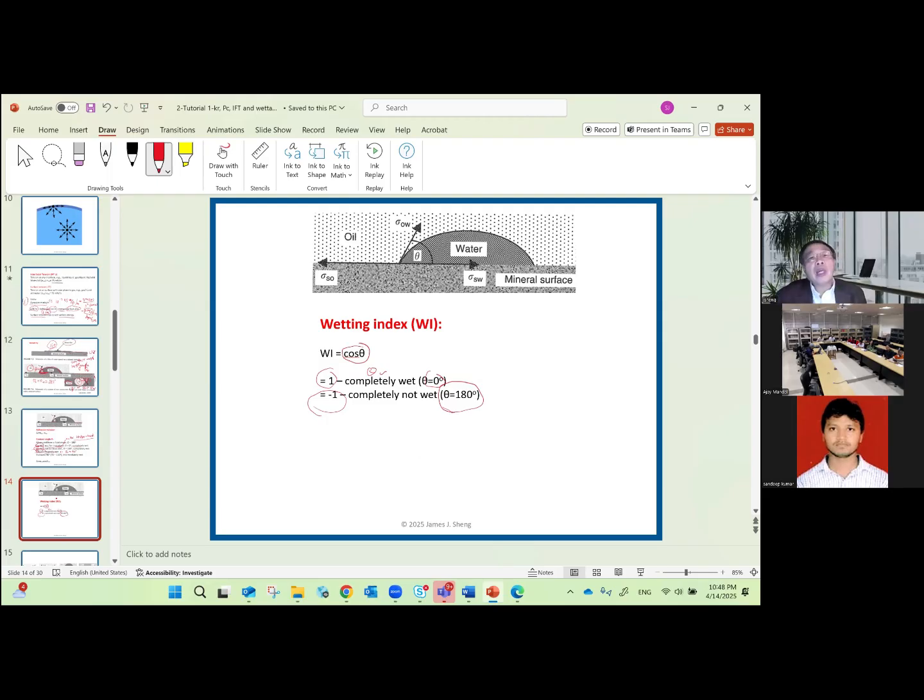This cosine theta is called the wettability index or wetting index. So a wetting index of 1 is completely wet, and if it's -1, it is completely non-wet.